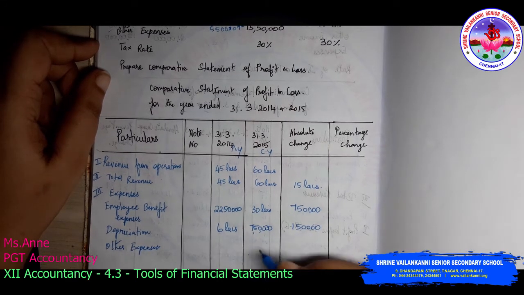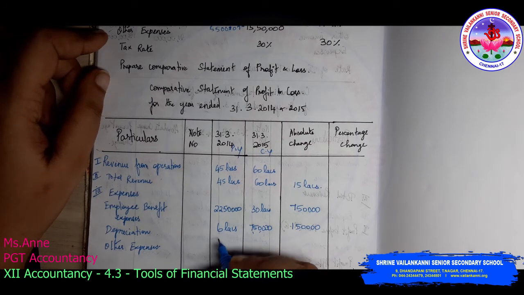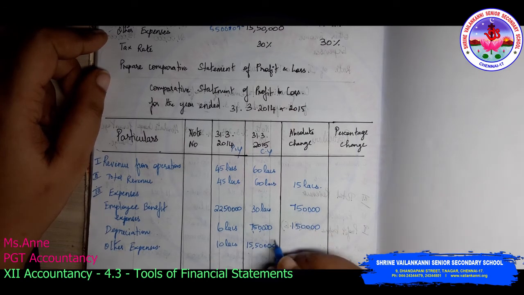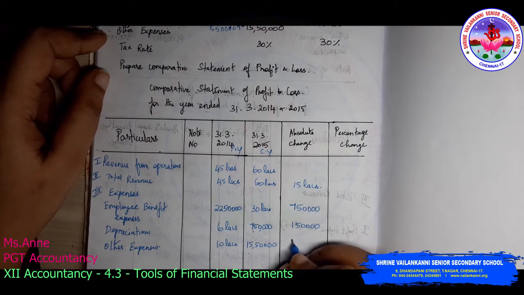So other expenses is going to be 2014 10 lakhs, 2015 15 lakh 50,000. So my net change, that is absolute change, is going to be 5 lakh 50,000.